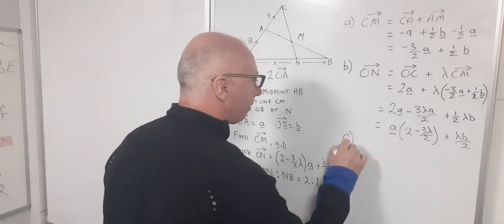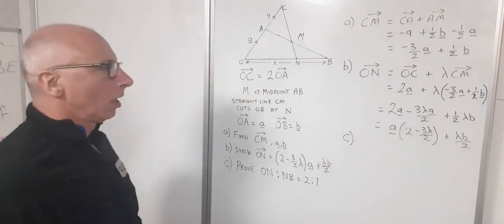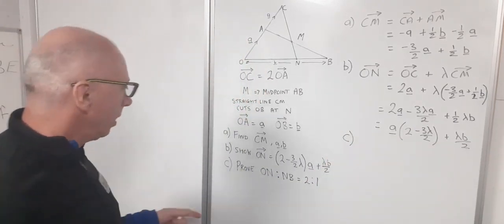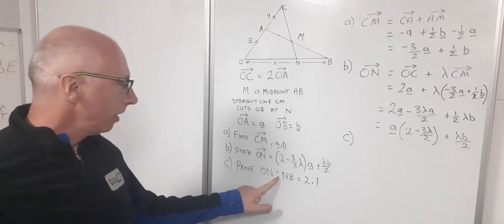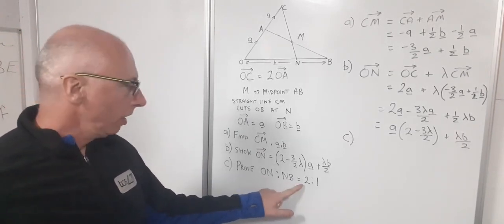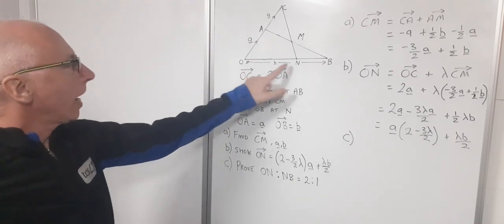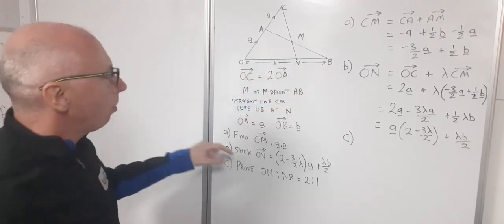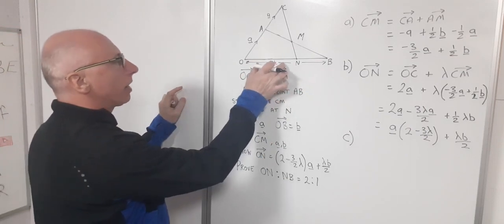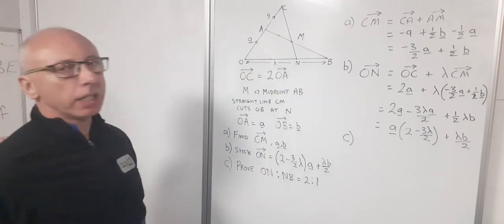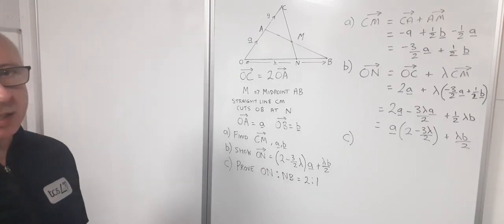So now let's have a look at part C. Okay, now for part C, we've got to prove that ON is in the ratio with NB of 2 to 1. So ON, that's ON and NB. So what they're saying is that ON is twice as long as NB. So how are we going to show that?